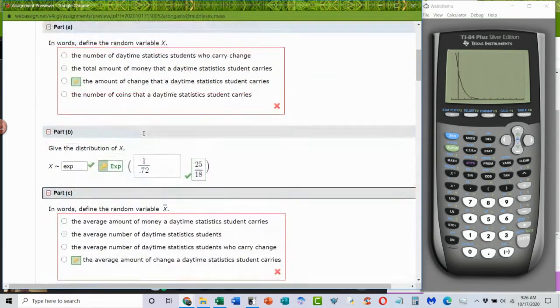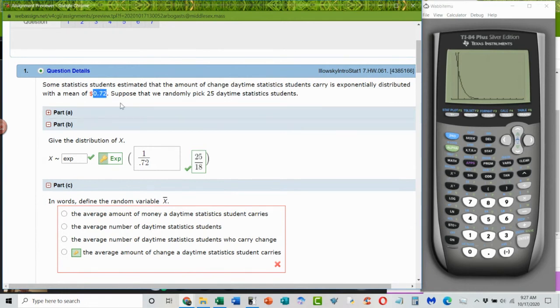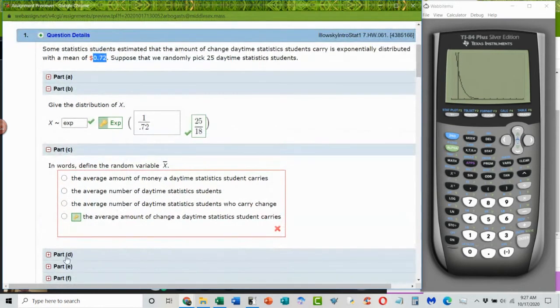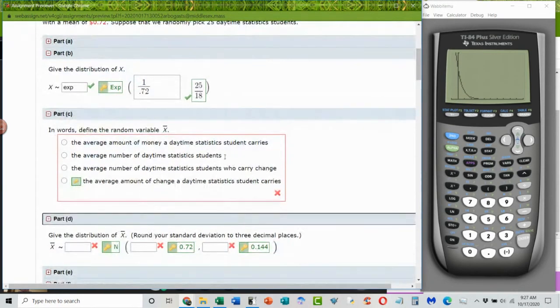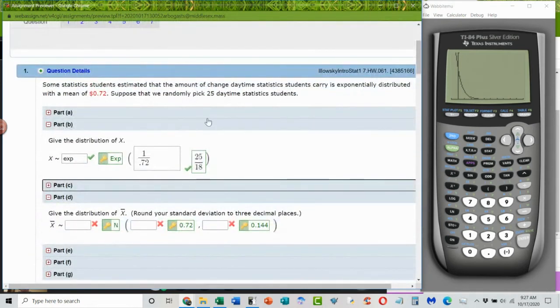And then what is x bar, which is really the thing we care about. And x bar is just the average. If we did this over and over and over again, picking 25 people, what is the mean? The mean is still going to be the same thing. All right. And then the standard deviation is going to be the standard deviation divided by the square root of 25.